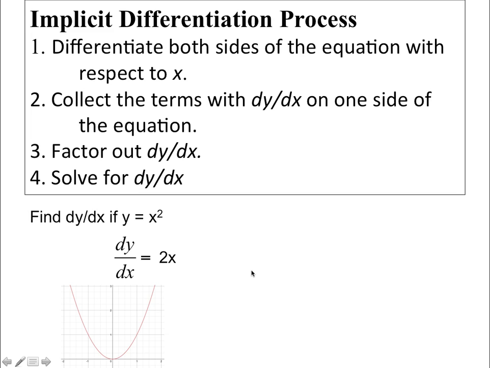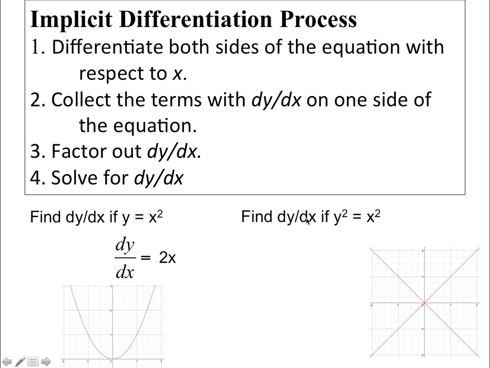So let's try something a little more advanced. Let's try finding the derivative of y squared equals x squared. So we could still solve for y in this expression, but it would give us two equations, kind of like the circle. If we square rooted both sides, we would have y equals plus or minus the square root of x squared.